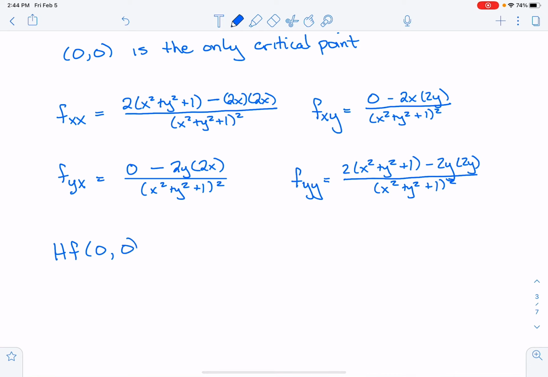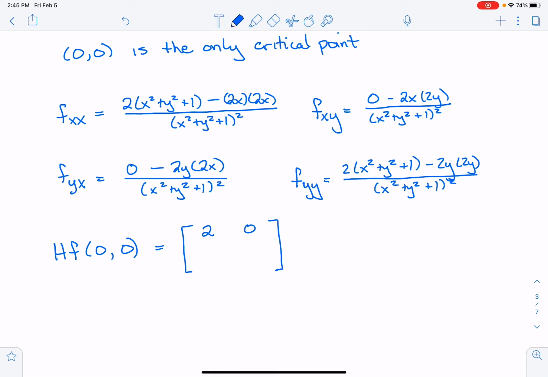Okay, so if I look at f sub x, x, if I plug in zeros, I'm going to get 2 minus 0 over 1. So I'm just going to get 2. Looking at f sub x, y, notice when I plug in zeros to the numerator, I'm just going to get 0. So that's kind of nice. F sub y, x, okay, so the other mixed partial, I plug in zeros to the numerator.